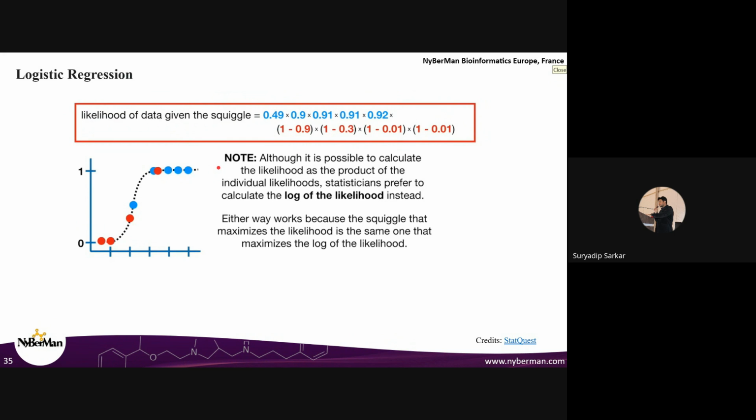If you remember, the technique we are using is known as maximum likelihood estimation, so our goal here is to maximize this likelihood. If you maximize the log likelihood, the math becomes easier. That is why statisticians prefer to use log likelihood instead of likelihood.